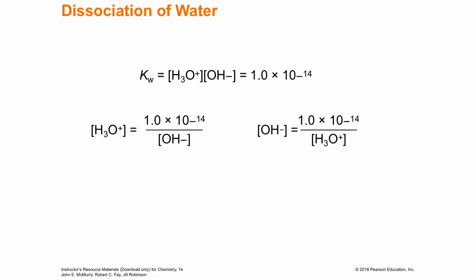K sub W is one you think of as a constant. It's always 1 times 10 to the negative 14, the equilibrium constant of water. Since you're going to use it all the time, you can find the one you don't know based on the one you do know.